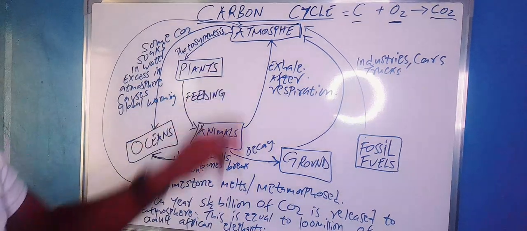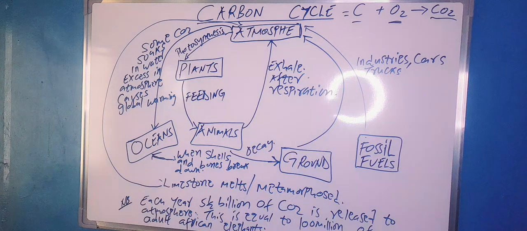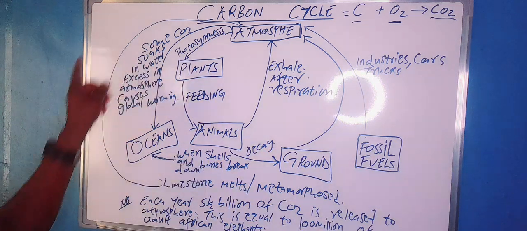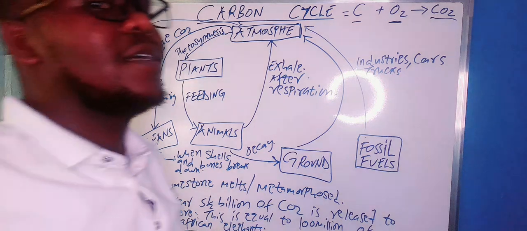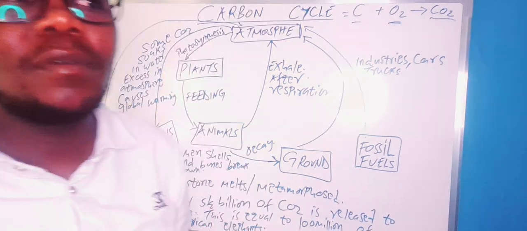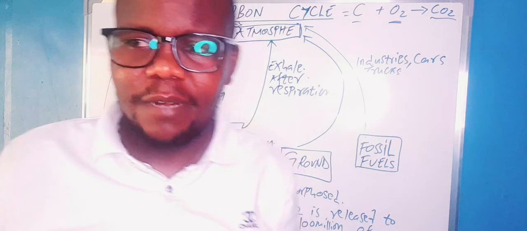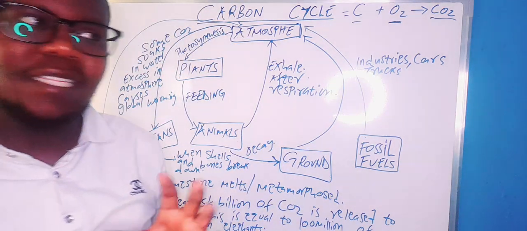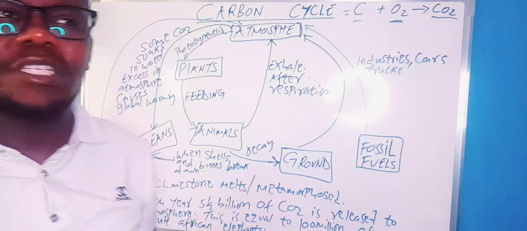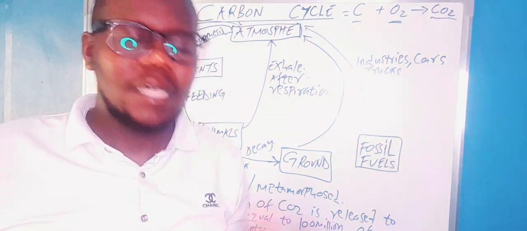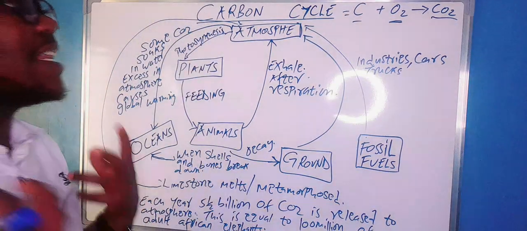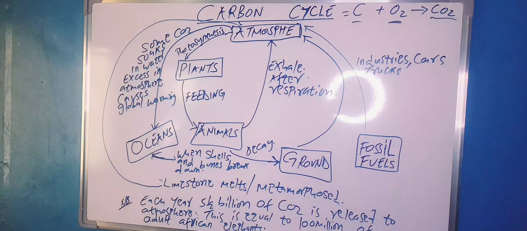From that point, in the atmosphere, it will be released either to oceans, and again it can go back to the ground. You should understand that carbon is a very moving gas. It's not static. It's moving from rocks, land, that is the soil, and even in living organisms like us. We still have carbon within our bodies.